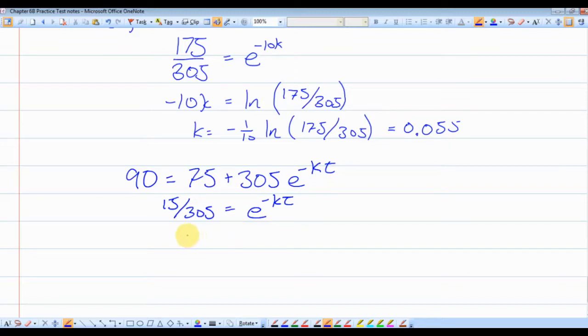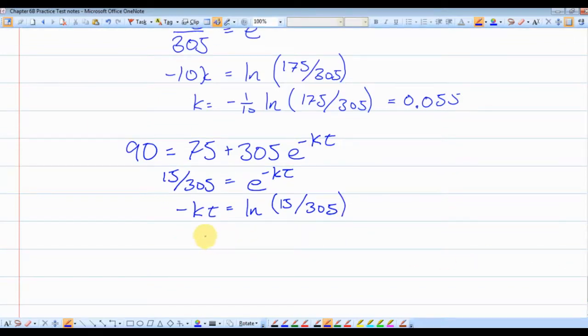Okay. That means that negative kt equals the natural log of 15 over 305. And finally, t is equal to negative 1 over k natural log of 15 over 305.